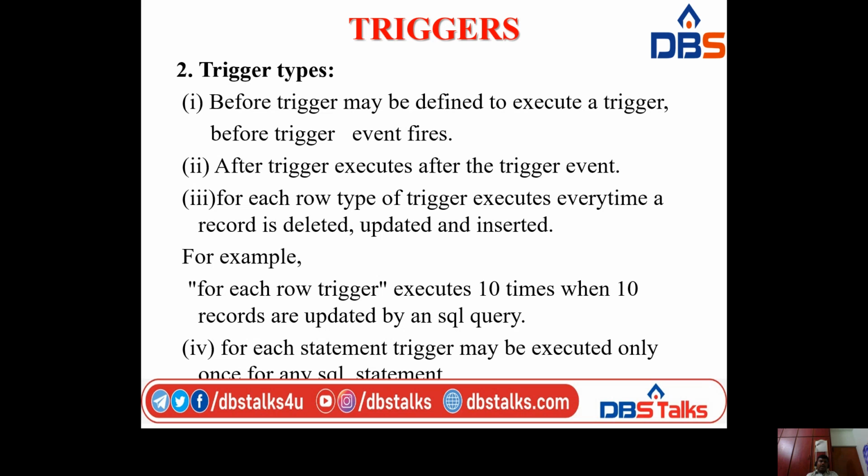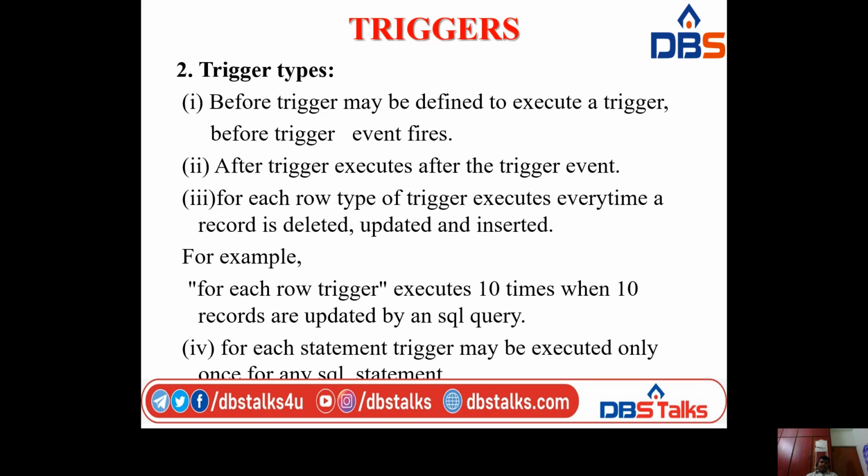A for-each-row trigger executes every time a record is deleted, updated, or inserted. For each row, it is executed. For example, a for-each-row trigger executes 10 times when 10 records are updated by an SQL query. If you update 10 records, automatically it is executed 10 times.